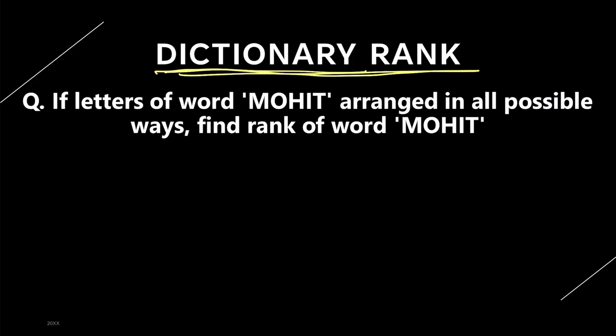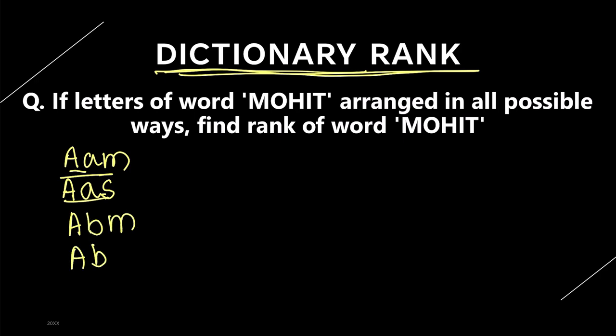It starts with the letter A. Suppose A is the first word in the dictionary, then the second would be AS, the third would be S. Once all the A's are done, it will move to ABM, ABT, ABZ. Then once all the ABs are done, and so on, right?